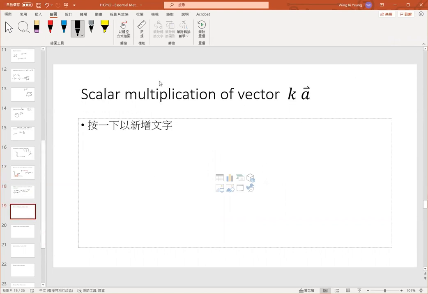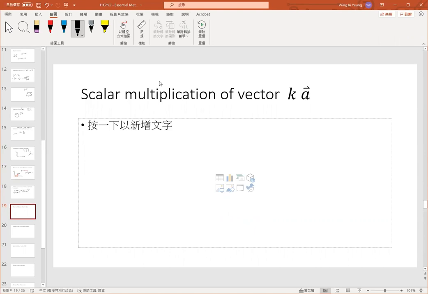For scalar multiplication, this is the first multiplication that we're going to learn. But actually, there are three different types of multiplication in vectors, or two, it depends on how you define it.